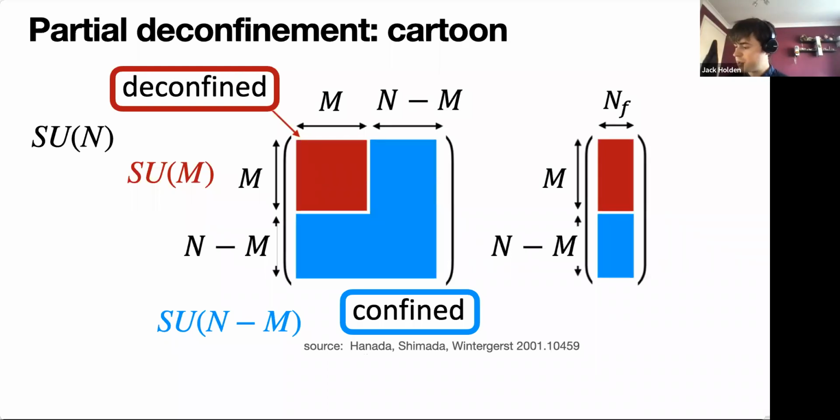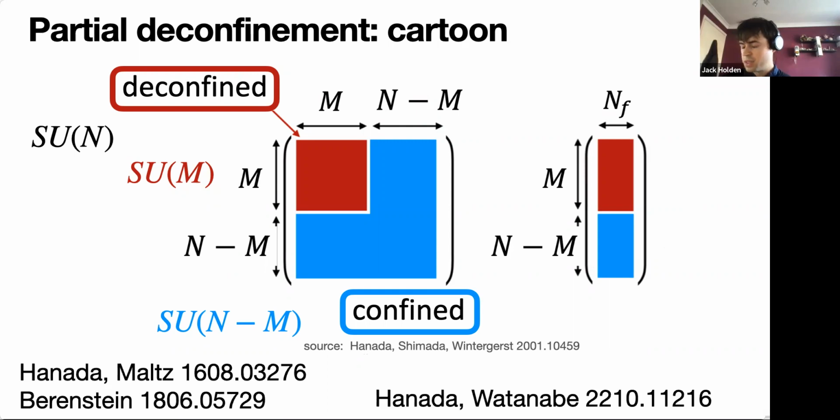Whereas if we had fundamental matter, it would look like this vector representation, where M of the colors are deconfined, or N-M of them are in the confined phase. This situation was first articulated by Hanada and Maltz and David Berenstein, and there's a recent review on this partial confinement story given last month by Hanada and Watanabe.